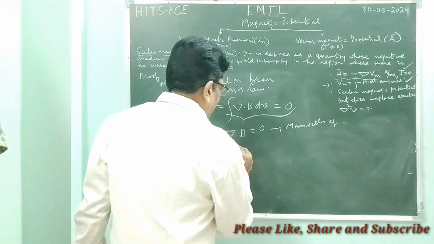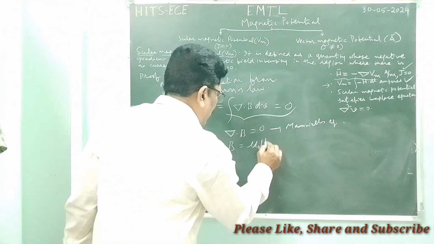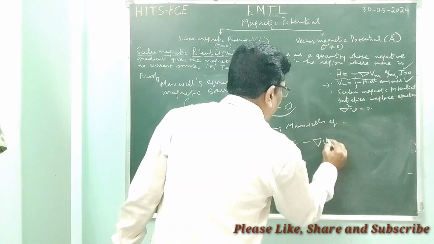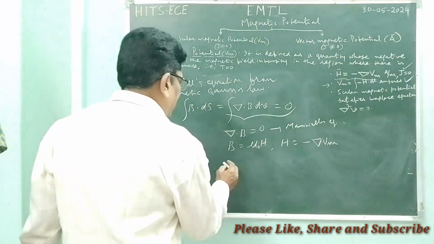But we know that B is equal to mu 0 H, and H is equal to minus del Vm. Let us substitute here.